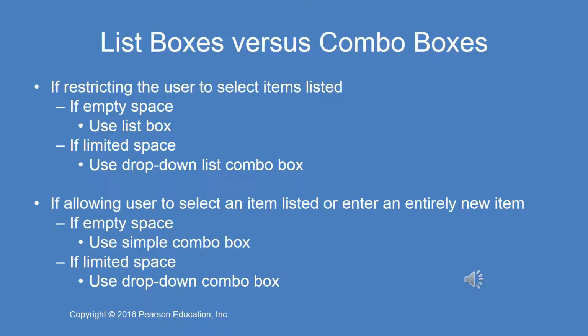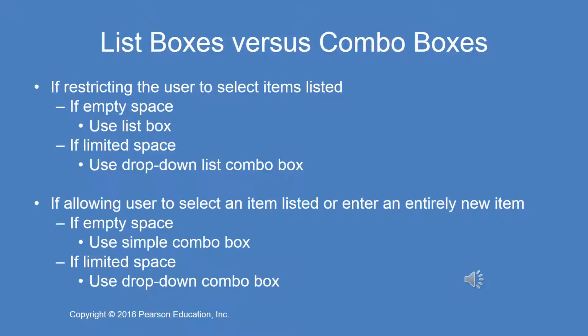Here we have a summary comparison of list boxes versus combo boxes and the circumstances under which you should use each of them. So if you're restricting the user to selected items listed, if it's an empty space, use a list box.